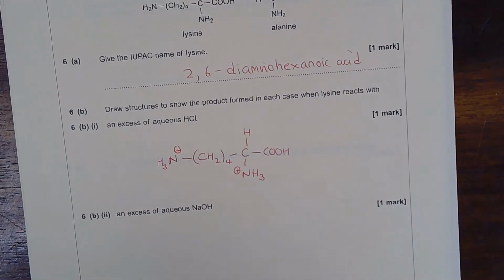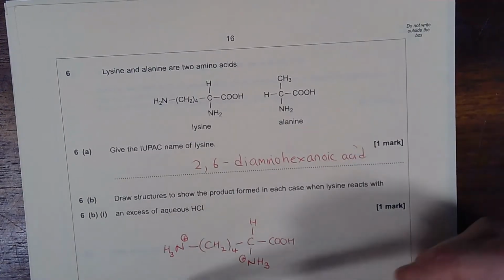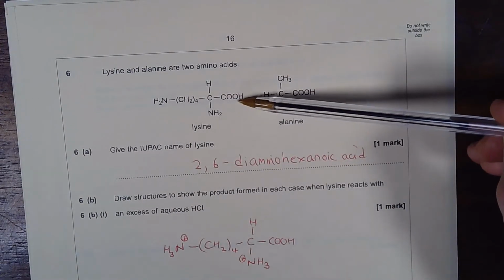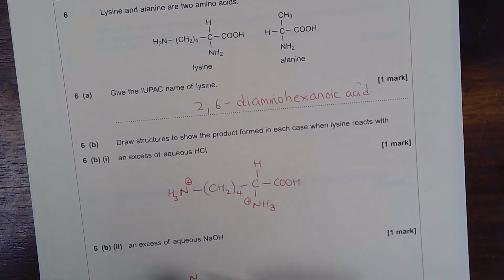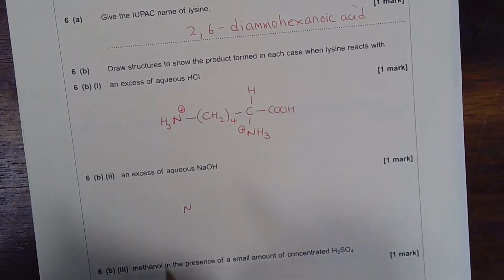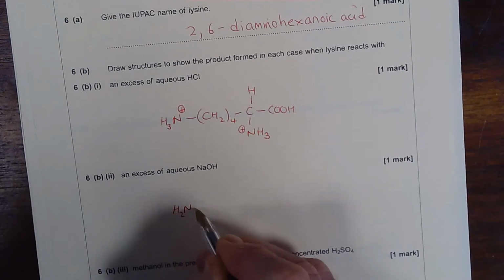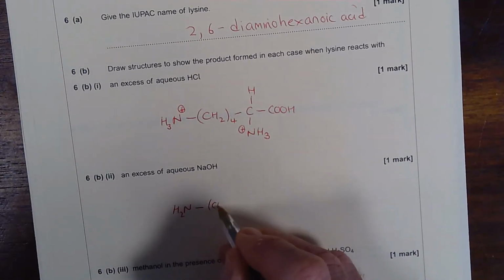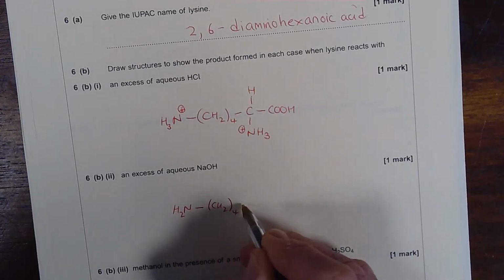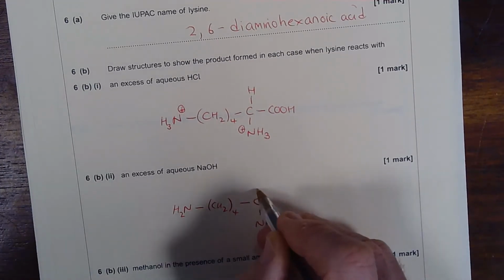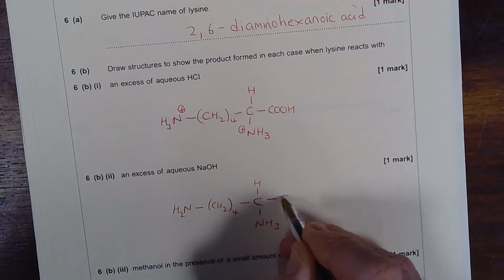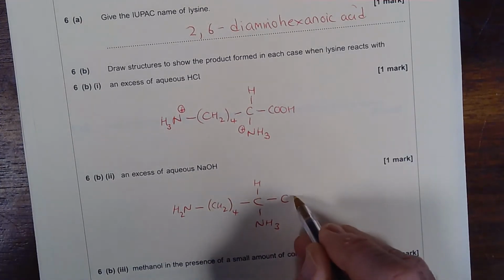In an excess of aqueous sodium hydroxide, in the case of lysine, you have just one acidic group, the carboxylic acid group, so this time the NH2 groups will be as usual. So that will then go CH2 4 times, with NH2, but the final COOH will be deprotonated in the presence of alkali.